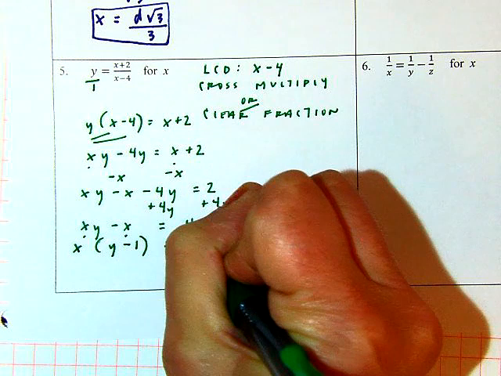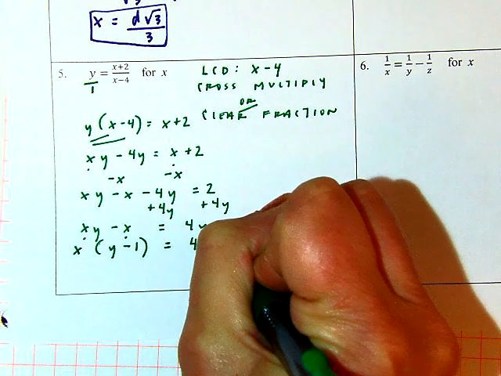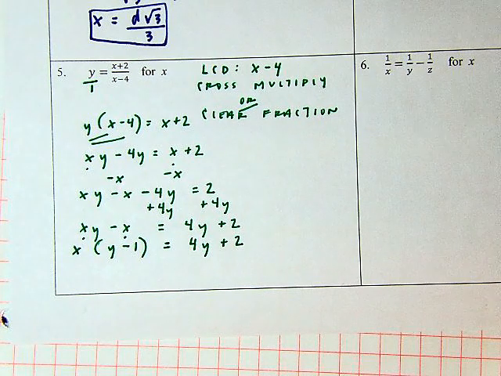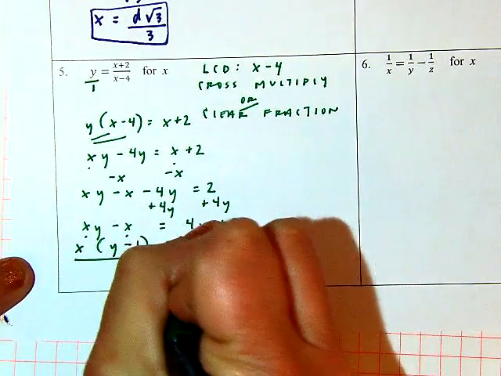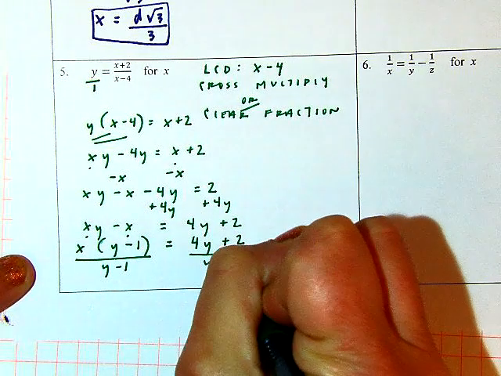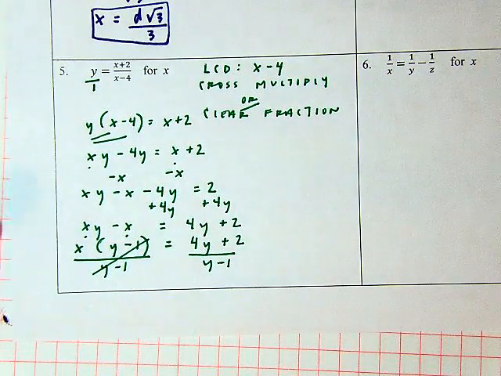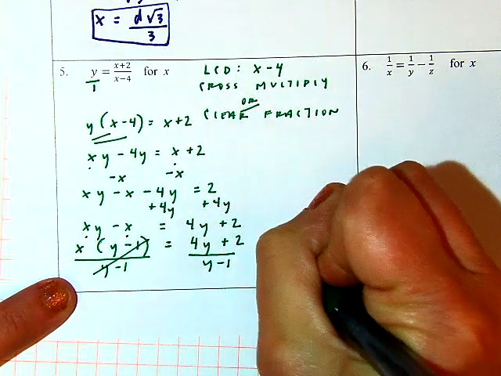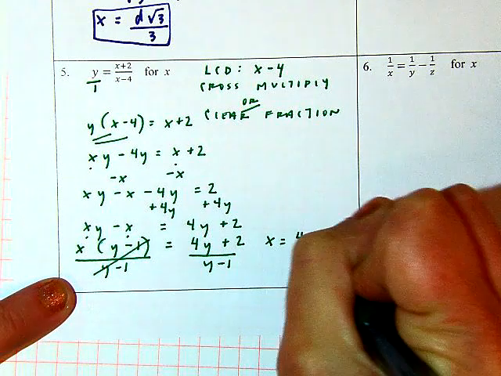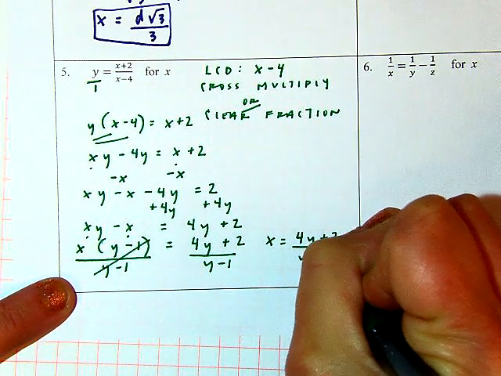Okay, on the other side, I still have 4y plus 2. Okay, last thing to do to get the x by itself is to divide both sides by y minus 1. Okay, and then here I get x equals 4y plus 2 all over y minus 1.